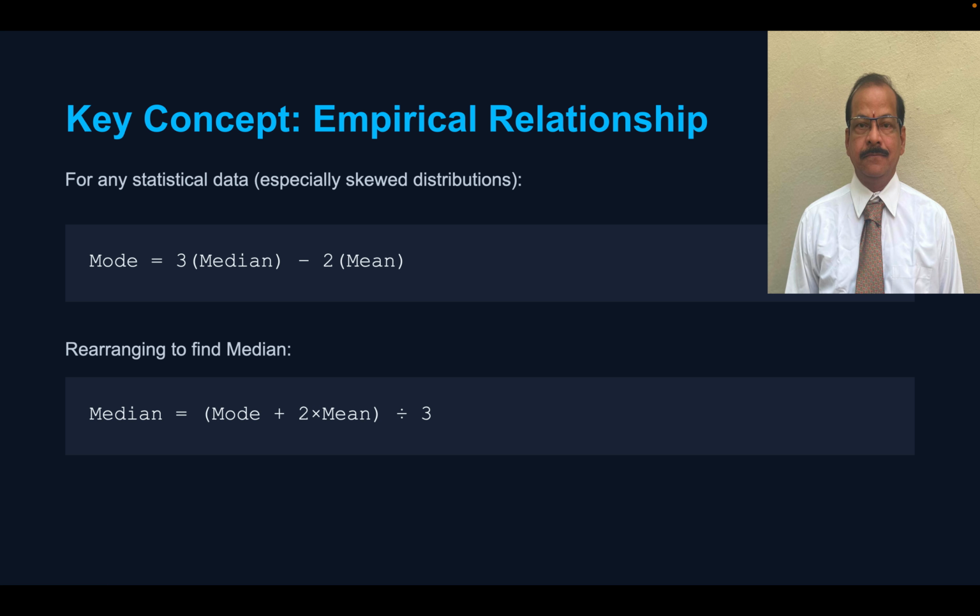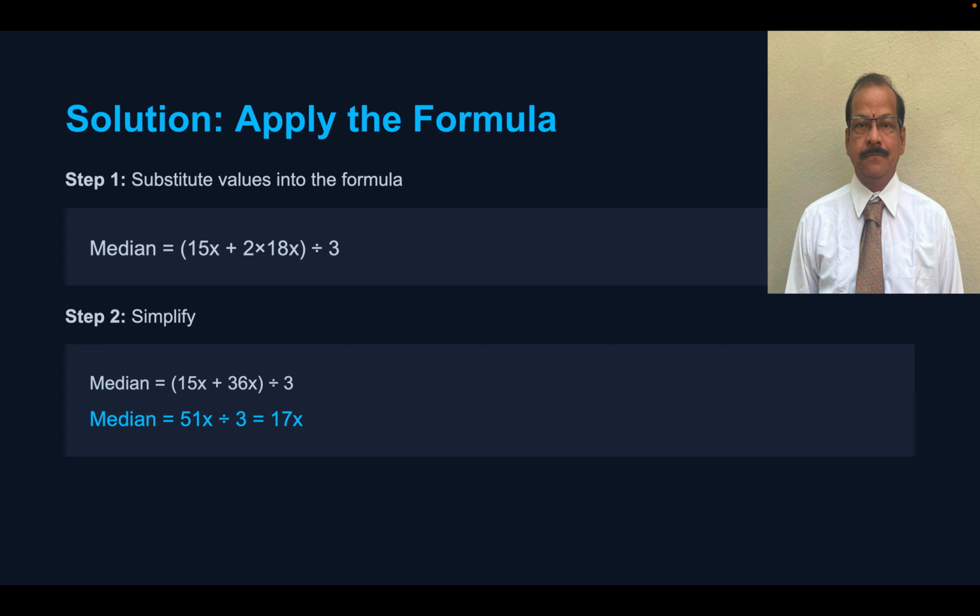Now, I want the median to be calculated, therefore, keeping median as the subject, I shift the other factors. Median equals mode plus 2 mean, whole divided by 3. Fine. So, let us substitute. Mode is 15x and mean is 18x.